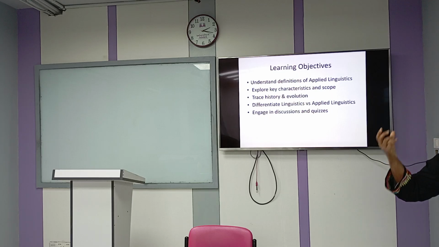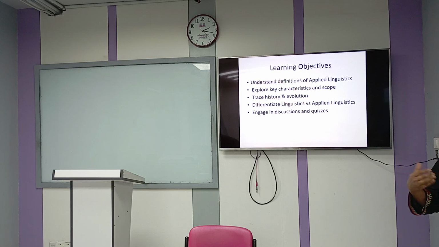It also addresses psycholinguistics, sociolinguistics, and other scopes. And then we will learn the history, how it evolved throughout the years, decades. Then we will differentiate linguistics versus applied linguistics. What are the differences between them? Then we will engage in discussions and quizzes.